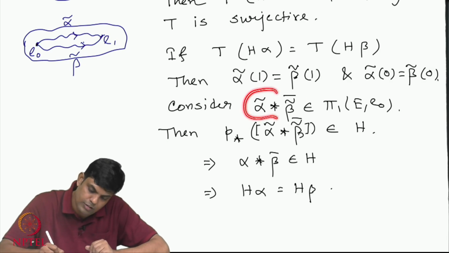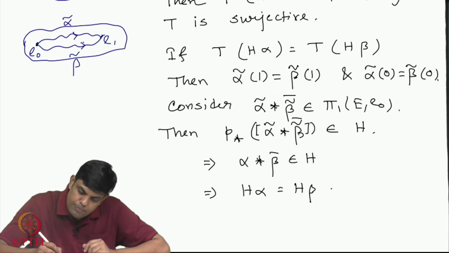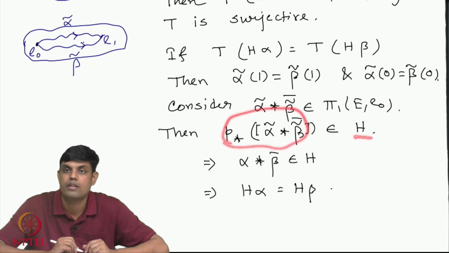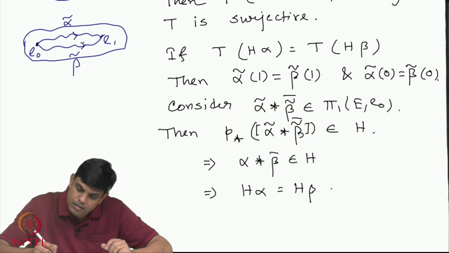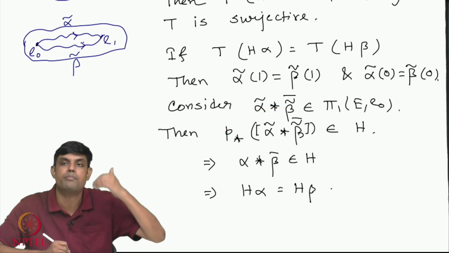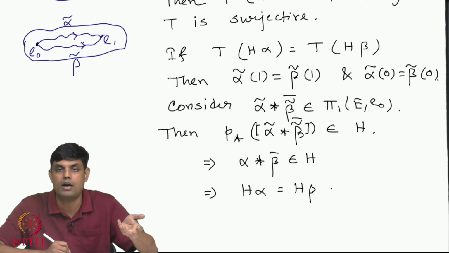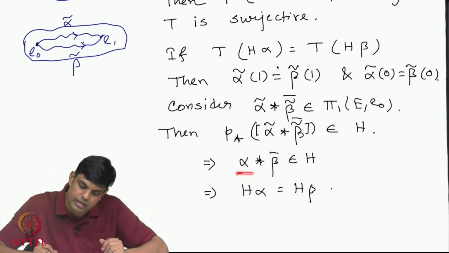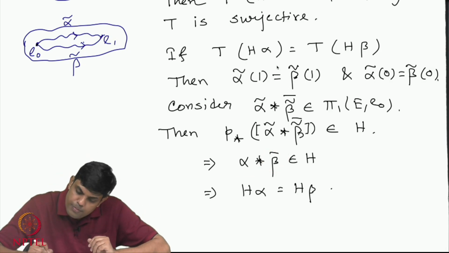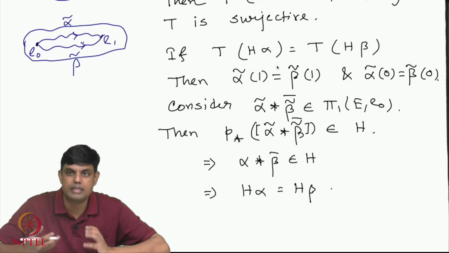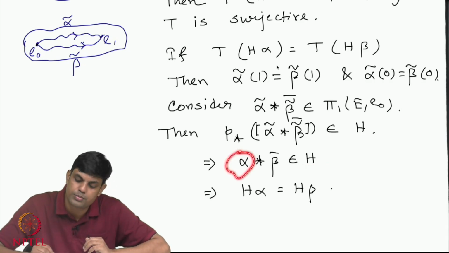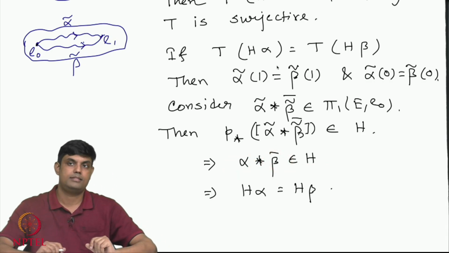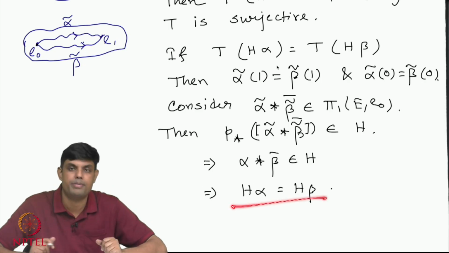So, in particular, P star of this element is in H. Now, if you apply P star to this element, this is nothing but P composed with alpha tilde star beta tilde bar, which is nothing but alpha star beta bar, which belongs to H. This implies that the right cosets corresponding to alpha and beta are exactly the same, H alpha equals H beta.